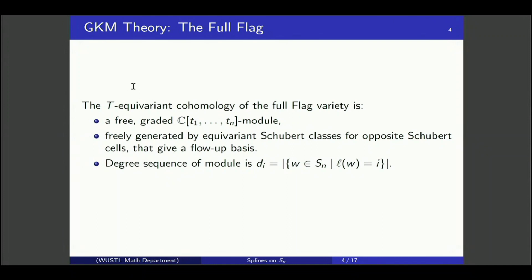Everything that I wrote on the past 3 slides were examples of what's called in this context a flow-up basis. And the degree sequence, which is probably not what one would call it in this particular context, what I mean is the minimal number of homogeneous elements I need to generate each graded piece is given by how many permutations are of a particular length.